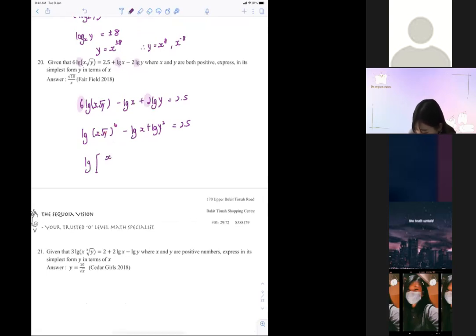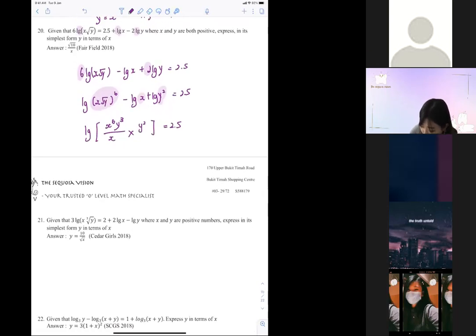So you got x to the power of 6. Half times 6 is 3, so y cubed. Divide by x. Take this, divide by this times this. Times y squared. Okay, slowly. Cancel, cancel. You got log x^5 y^5 equals 2.5.